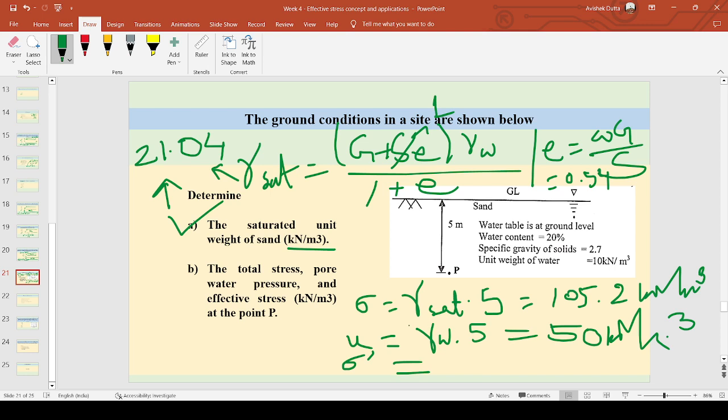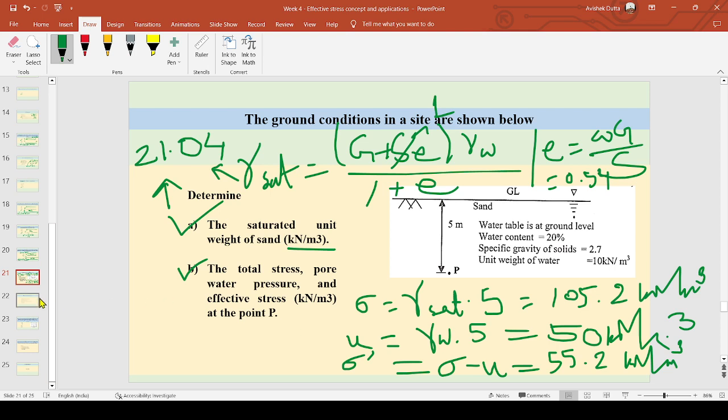Sigma minus U, we get the value as 105.2 minus 50, that is 55.2 kilonewton per meter square. Okay, I hope it is clear. Gamma sat into Z, gamma W into Z, and then sigma minus U.